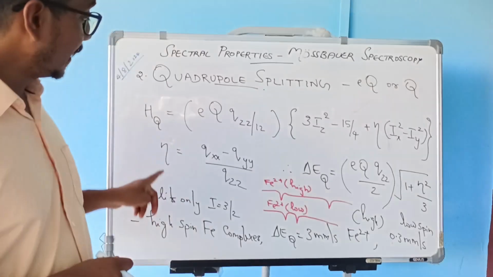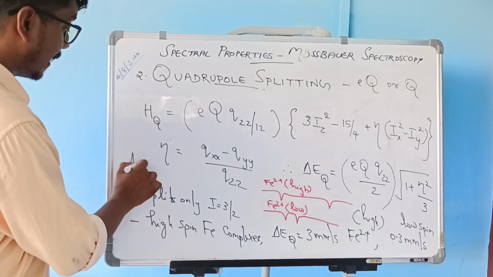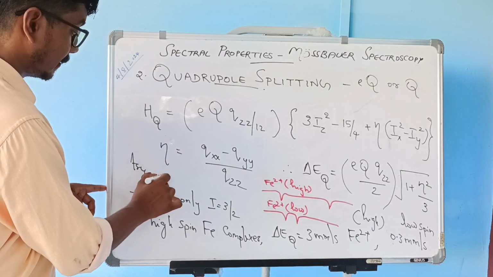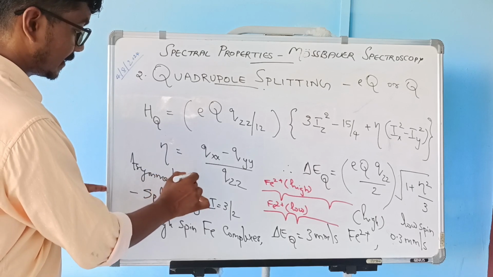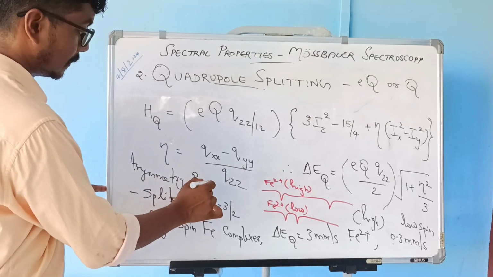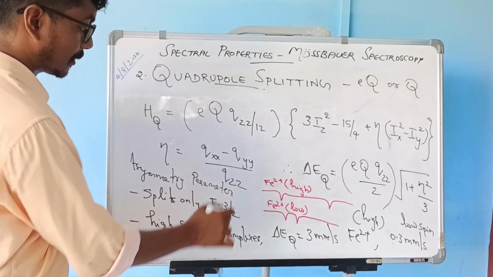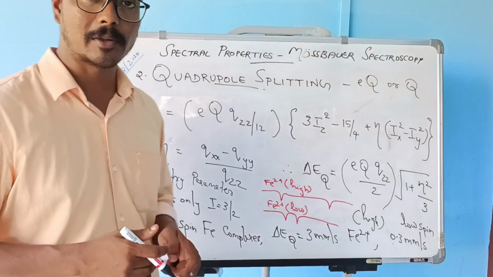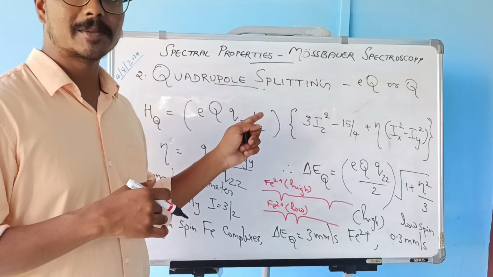And this eta is called the asymmetry parameter. Due to the asymmetry of the electronic distribution, this quadrupole splitting happens.